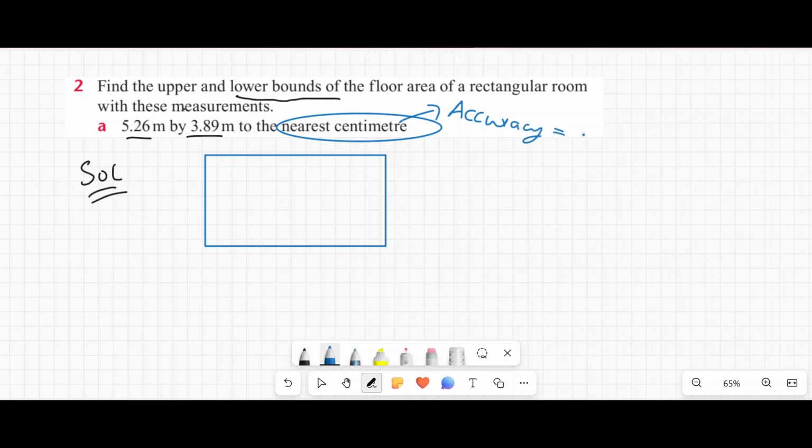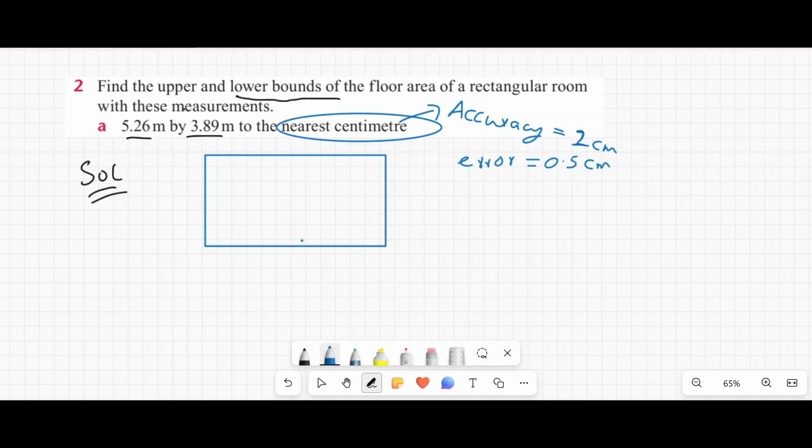So this is 1 centimeter. While finding the error, you just divide the accuracy by 2, and you get 0.5 centimeter. So this will become our error.